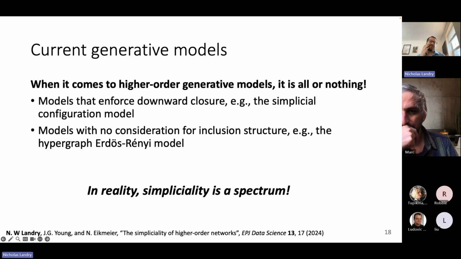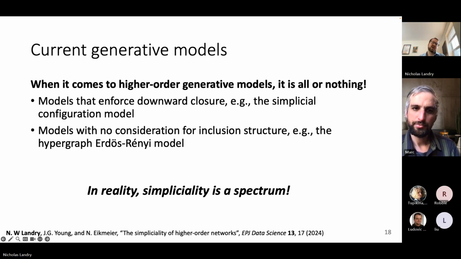So why am I interested in this? And by the way, this was published last month in EPJ Data Science if you want to check it out. It turns out that for many generative models in the literature, it is all or nothing. You've got models that are simplicial just by design. They enforce downward closure. Think of the simplicial configuration model.